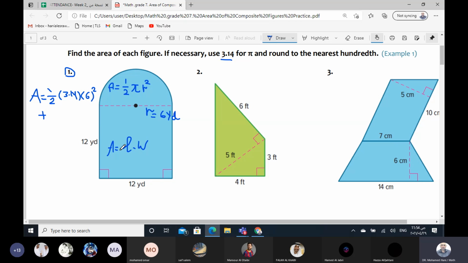So this is not a rectangle, this is what? This is a square, because here we have equal dimensions. So the area of the square is a squared. a means the length of the side of the square. So it means 12 squared.